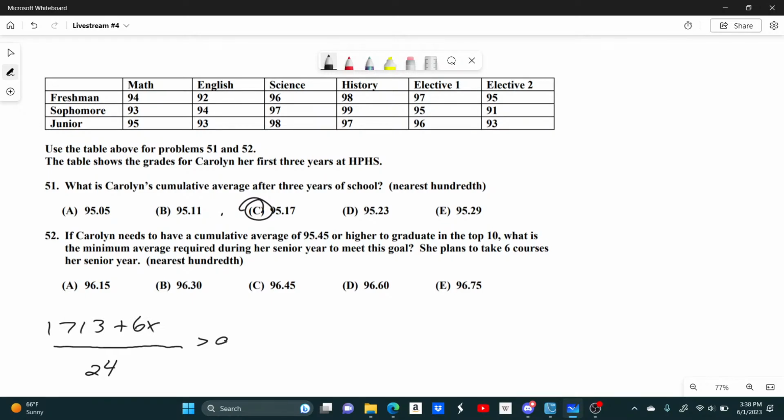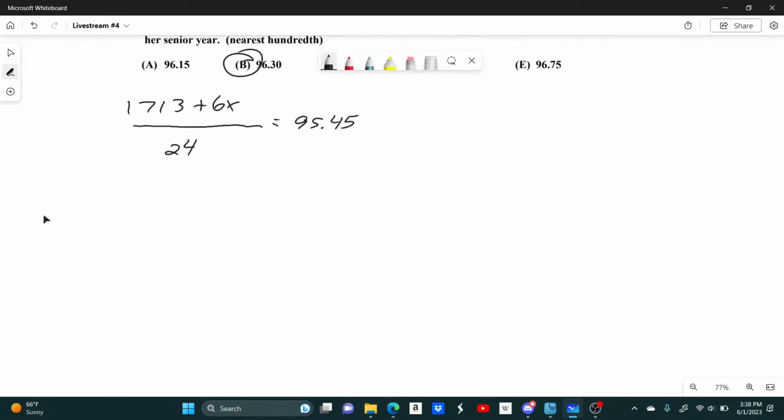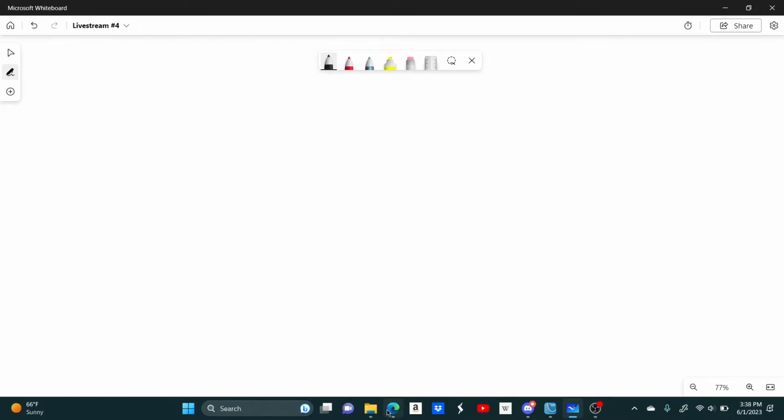And she wants that to be greater than 95.45. Or I guess I can just set it equal to 95.45. That's okay. So we just solve this equation. Divide by 6. You get 96.3. Alright, looks like the stats is starting off a little bit easy. I bet it'll get harder though. That's okay.